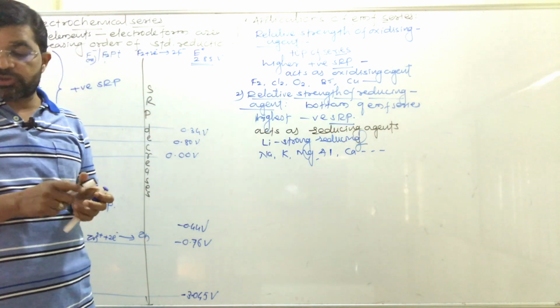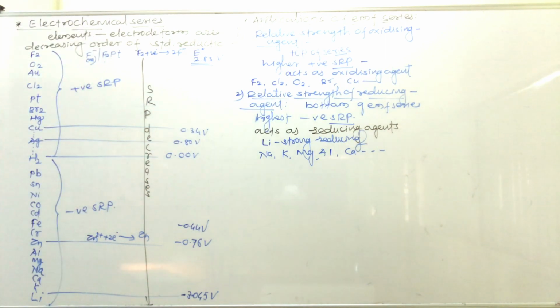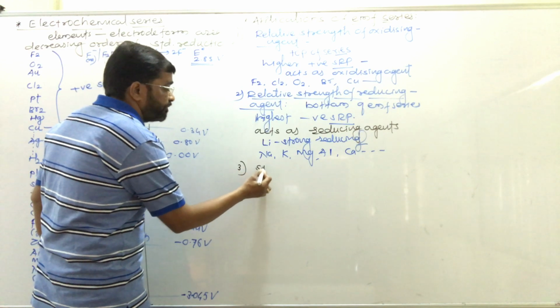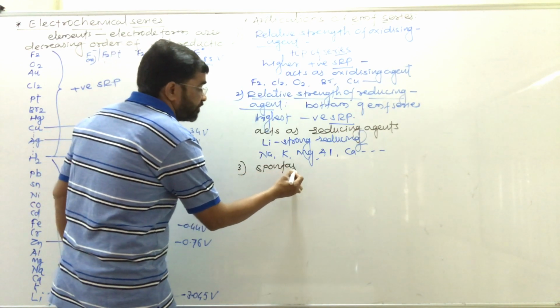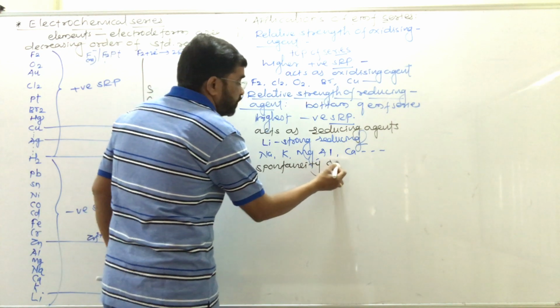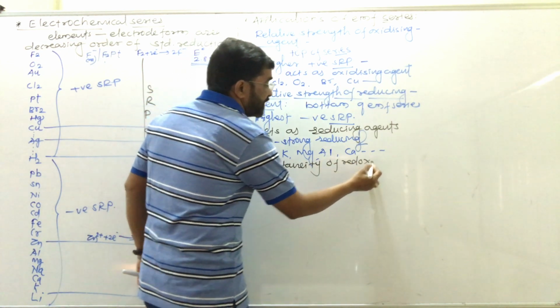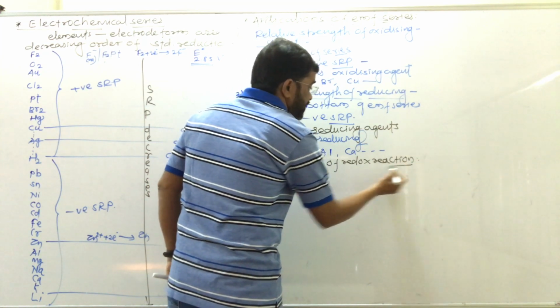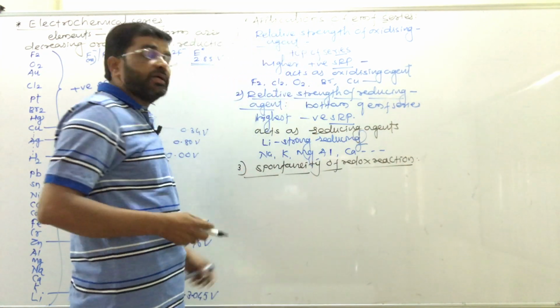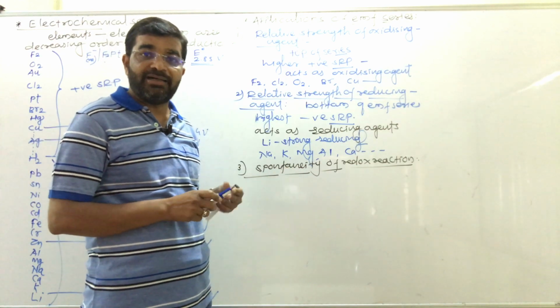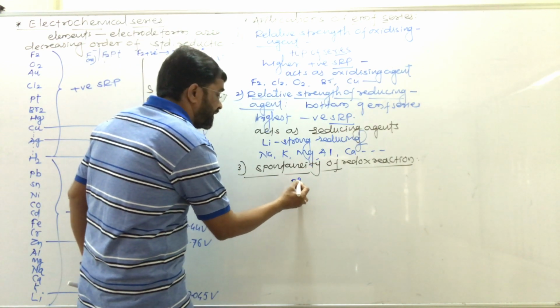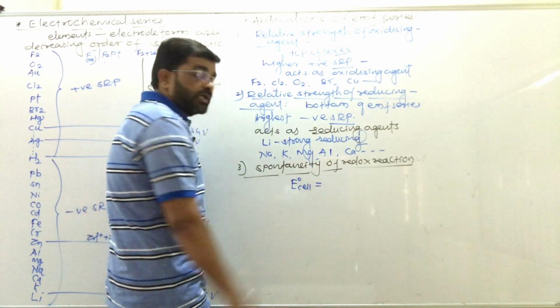Then see, the next application of this series is to decide the spontaneity of a redox reaction. The spontaneity of a redox reaction is decided from the EMF series. How do you decide? You have to find out the cell potential.